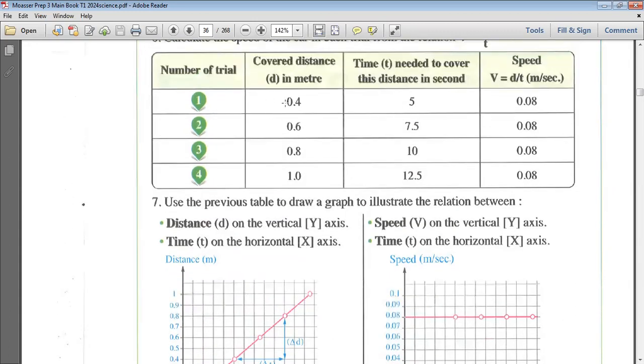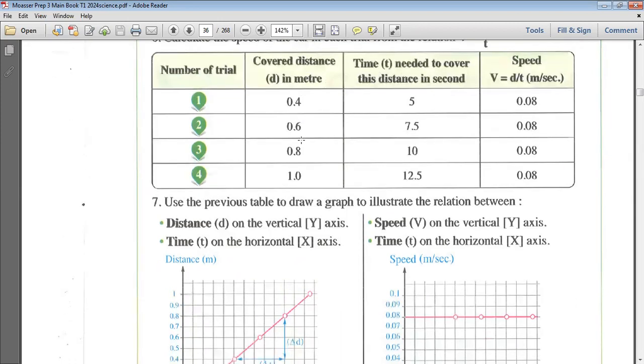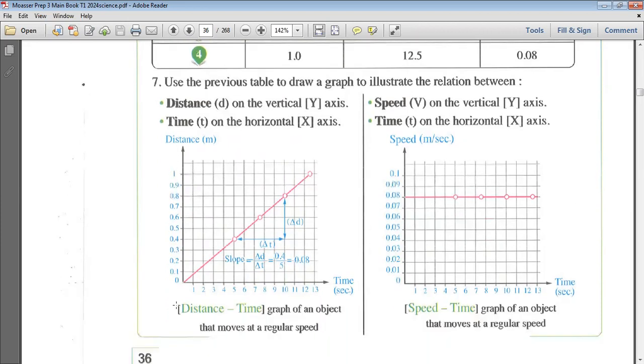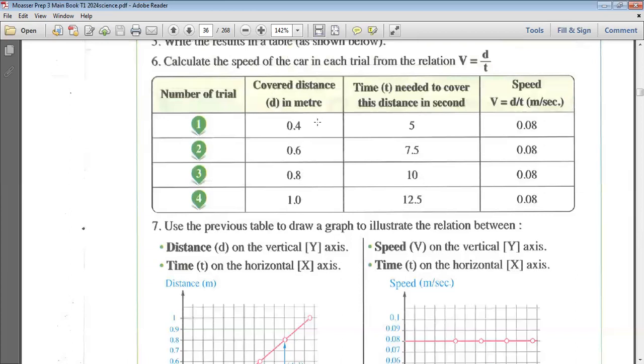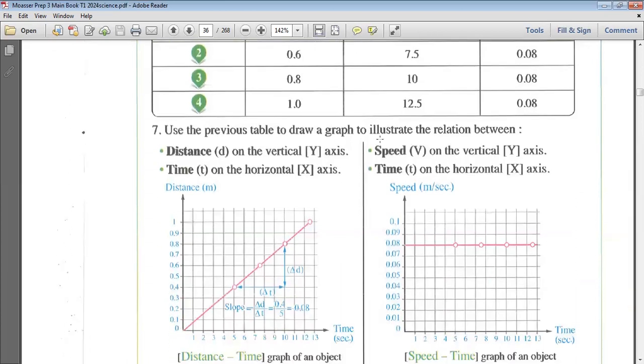So we will use the data to make a distance and time graph. We will put distance on the y-axis and time on the x-axis and try to make a graph. The distance is 0.4 and the time needed to cover this distance is 5.